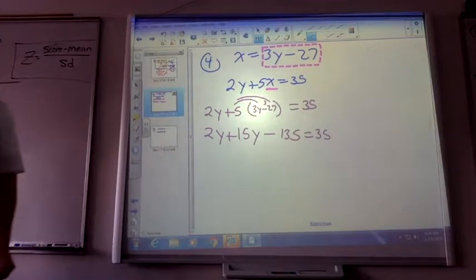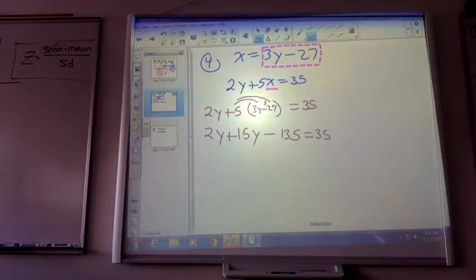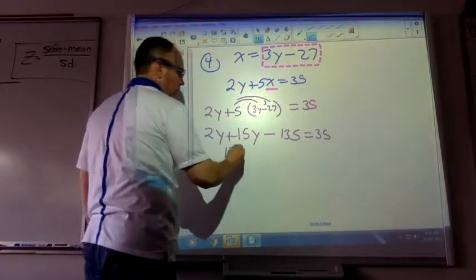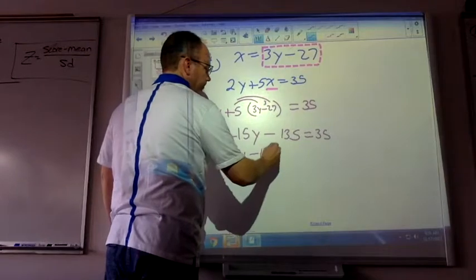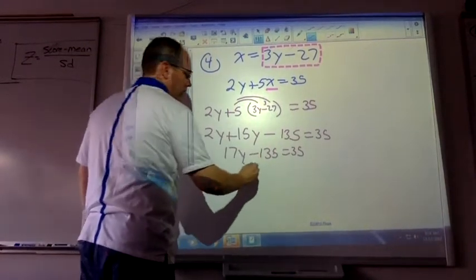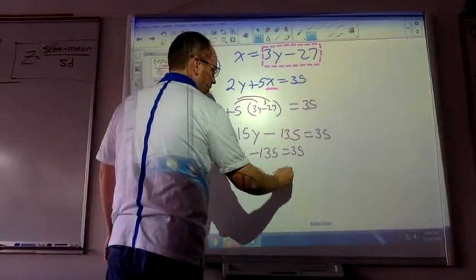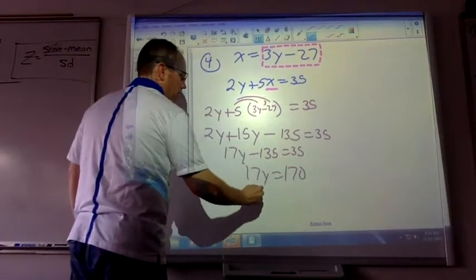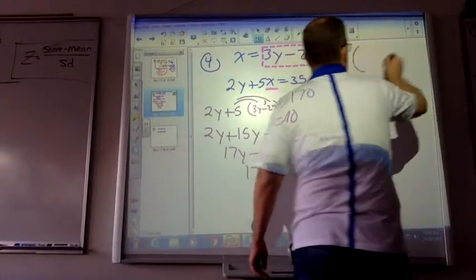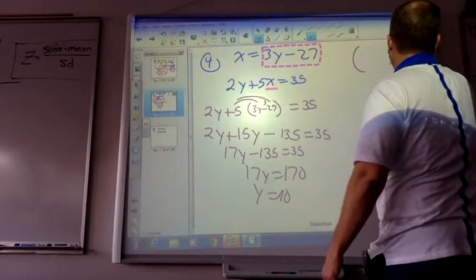Did I do that right? Yeah. Okay, just want to make sure my math is good. I do have like terms. These are my like terms right here, so I'm going to combine those. Add 135 to both sides. That comes out to 170. So y is equal to 10. So part of my answer, my y value, is 10.